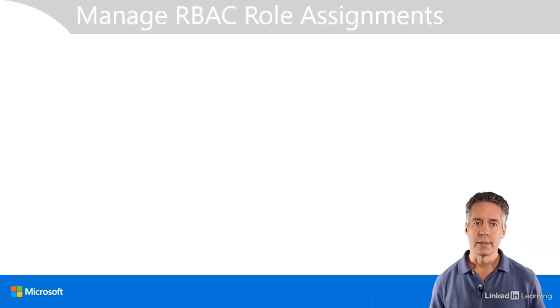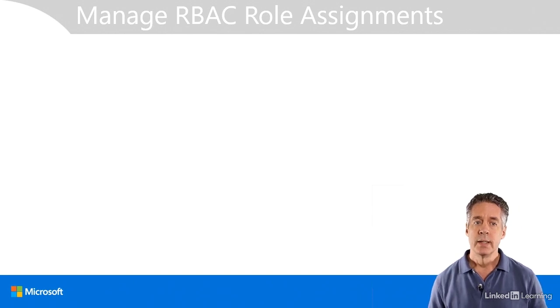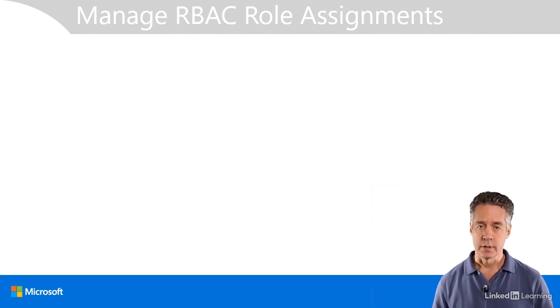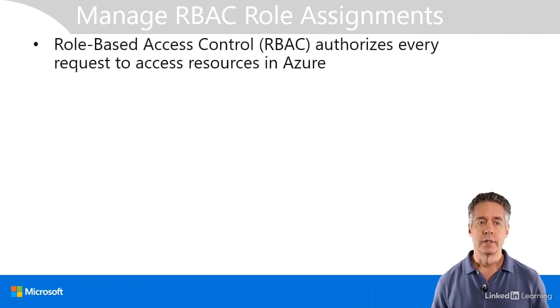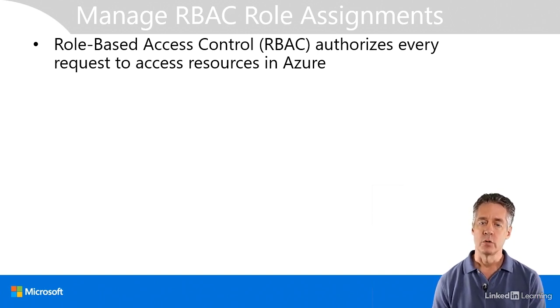So we talked in the last lesson about how to create users and groups in Azure AD, and now we want to finish the discussion about how to assign users or groups permissions to access resources. This is done in Azure through what is known as role-based access control, or RBAC.